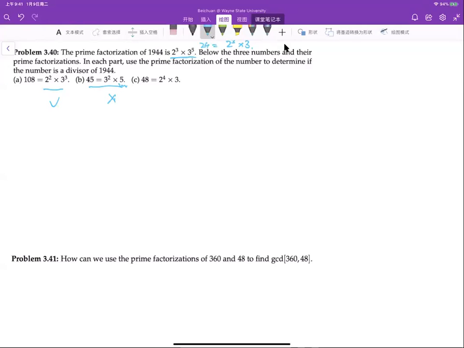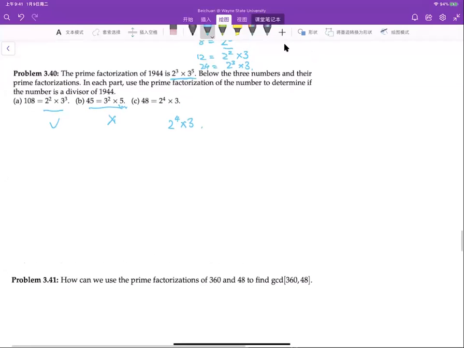How about 48? Is 48 a divisor of 1944? We just compare the two factorizations. Is 48 a divisor of 1944? In other words, is 1944 a multiple of 48?